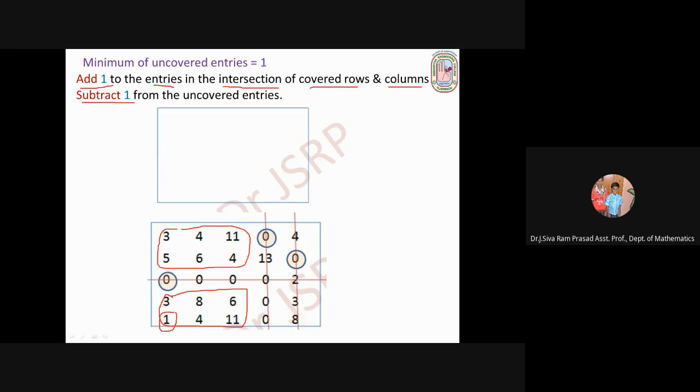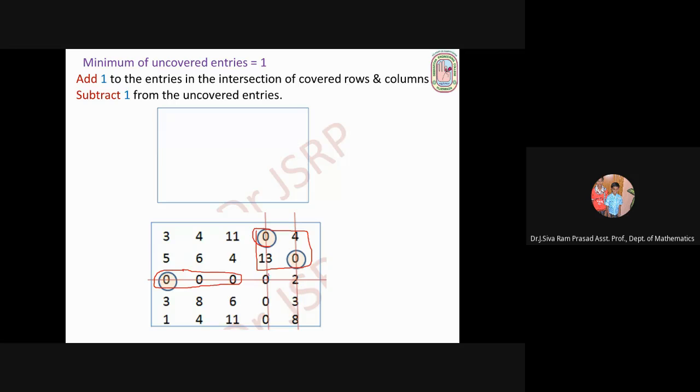Okay. So the entries that remain either in a covered row or in a covered column remain the same. For example, in the previous table, these 4 entries remain in the covered column only, and these 3 entries remain in the covered row only.